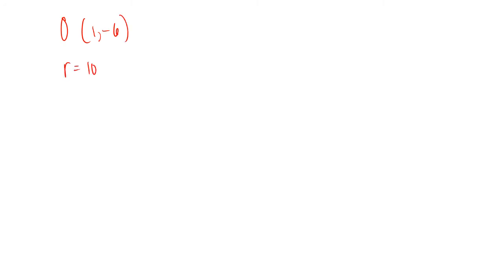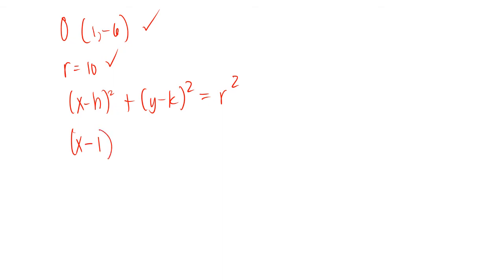Therefore, the standard equation of the circle is x minus h squared plus y minus k squared equals r squared, where (h, k) is the coordinate of the center and r is the radius of the circle. So, let's substitute. x minus 1 squared plus y minus, since that is negative 6, we have positive 6 squared, and r squared is 10 squared.